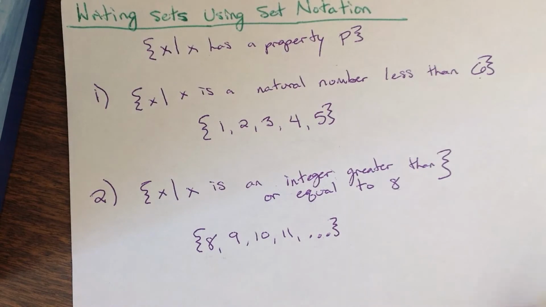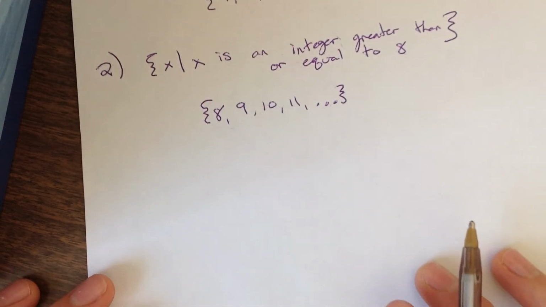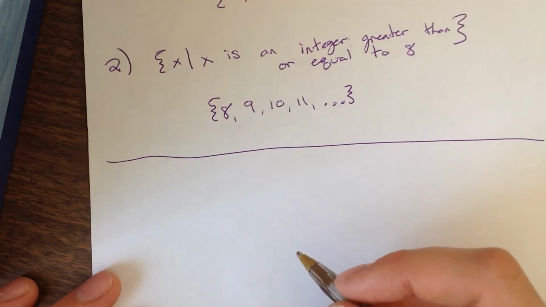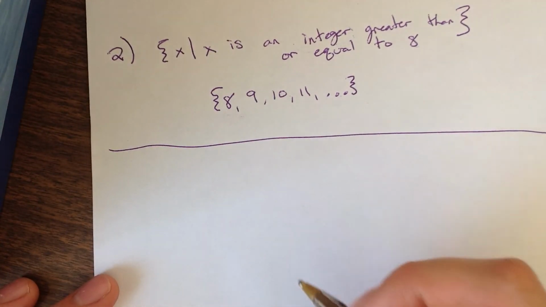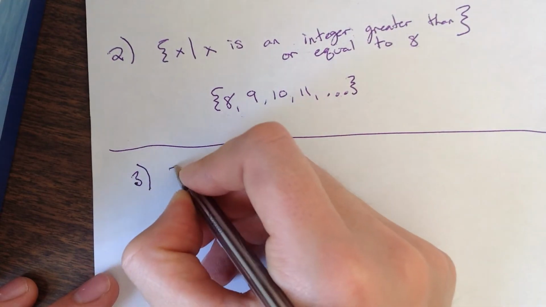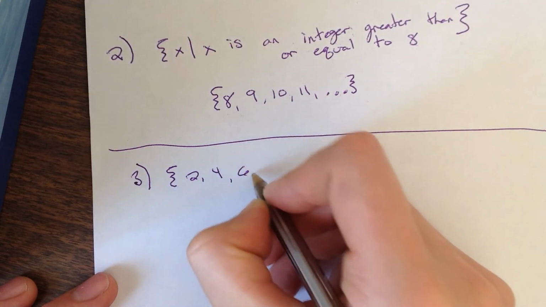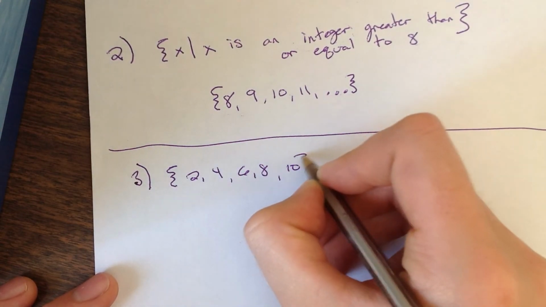So say we wanted to go back the other way. Given something like this, can we go to this? So for example, say we were given that we wanted to write in set builder notation this following set. We were given 2, 4, 6, 8, 10.